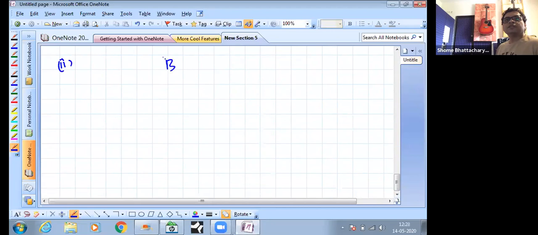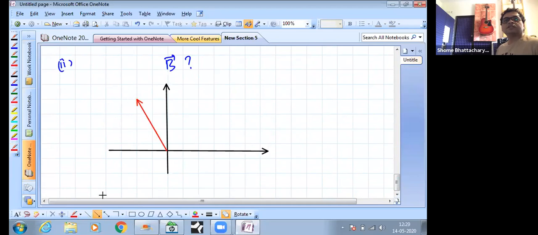For the vector B, you have to understand that the vector is making an angle with the x-axis which is not 30 degrees. It's making an obtuse angle with the x-axis. The vector B was drawn like this. So pay attention to what you're doing.